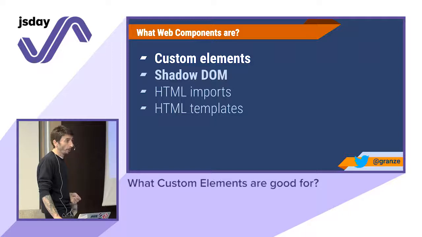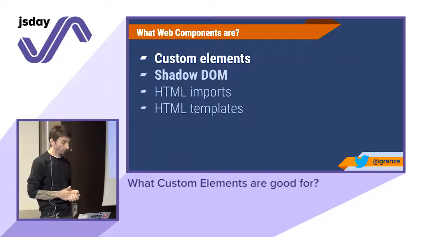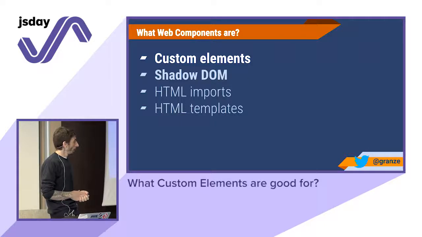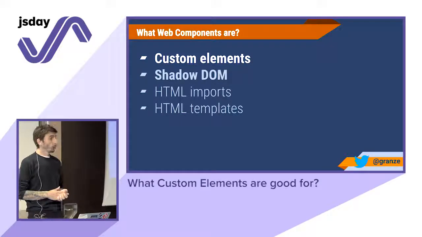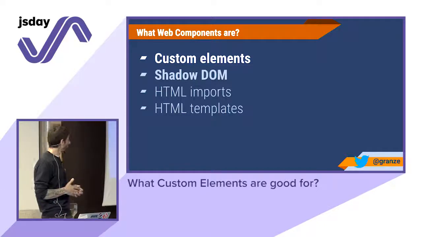The Shadow DOM is probably one of the more exciting APIs in this specification, because it allows us to encapsulate the DOM of the component, so the HTML is completely encapsulated and the CSS, the styles, are encapsulated as well.